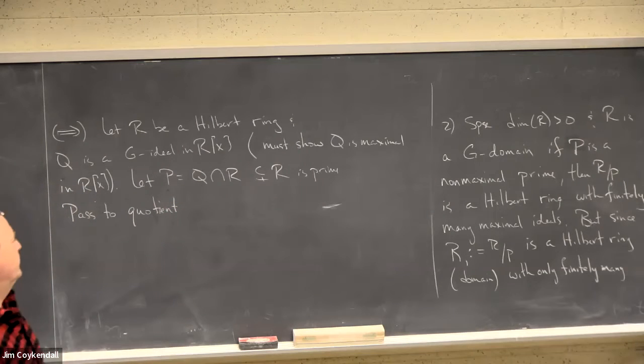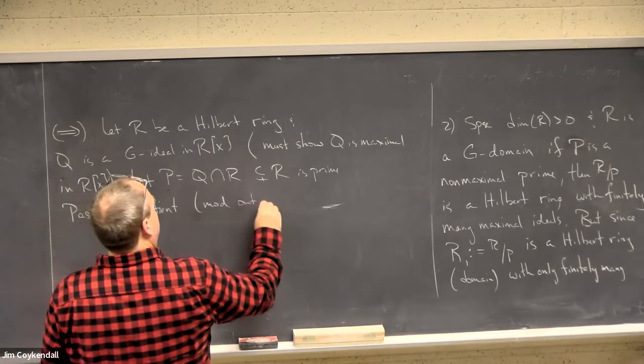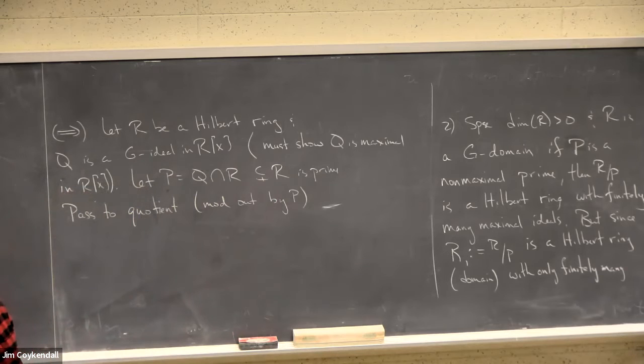Pass to the quotient, and so we can assume that P is 0.